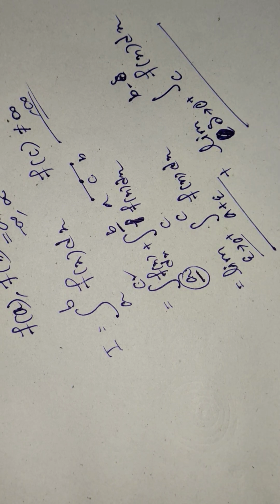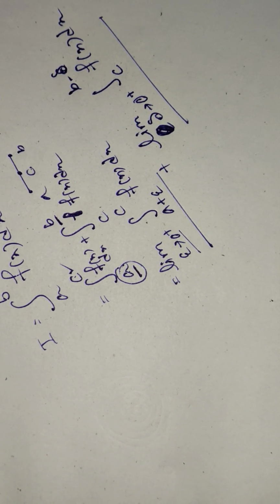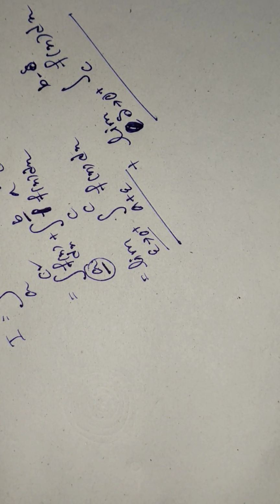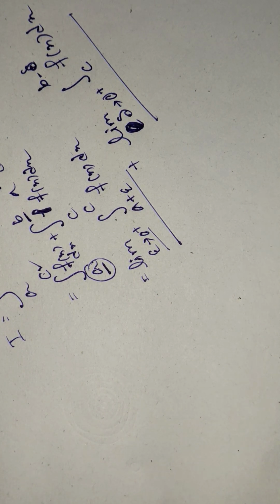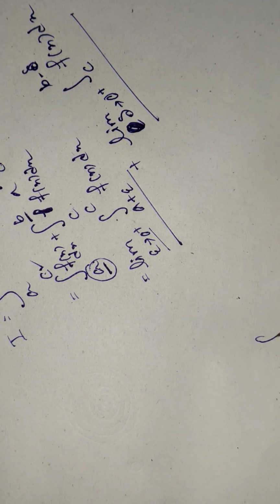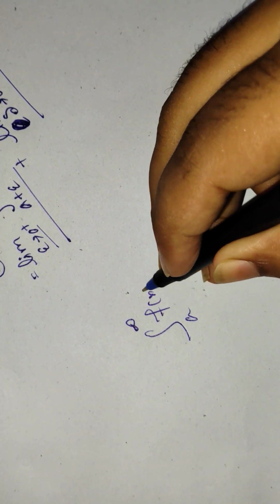Let's talk about another theory, where we will deal with the mix of type 1 and type 2. Basically we will see infinity or minus infinity at the limits. You can see this is infinity, this is a, and this is f(x) dx.